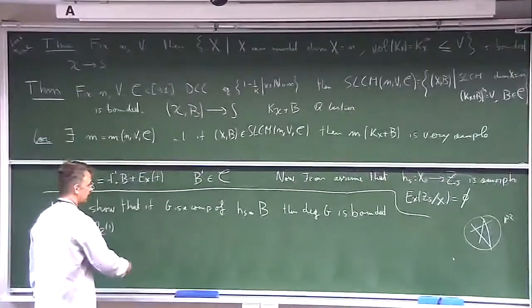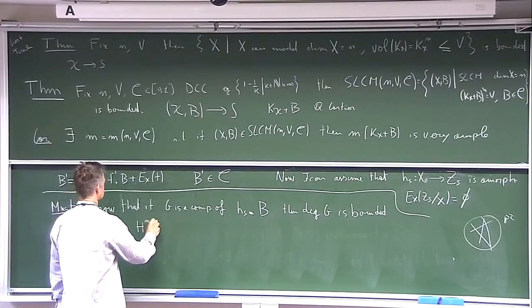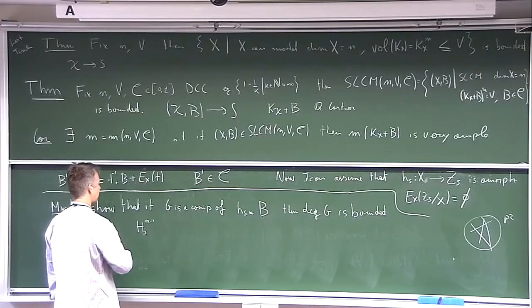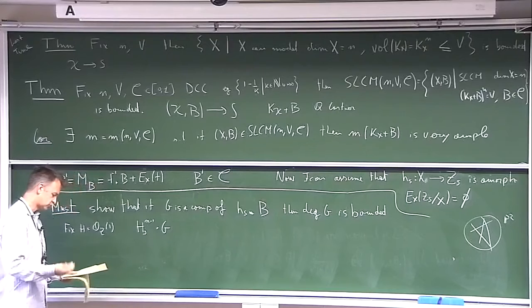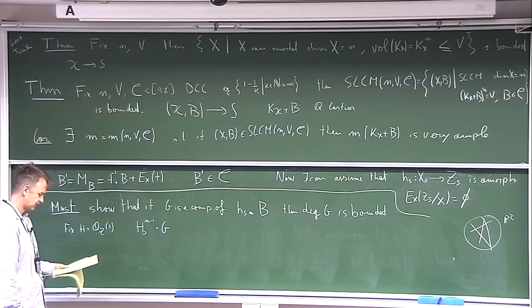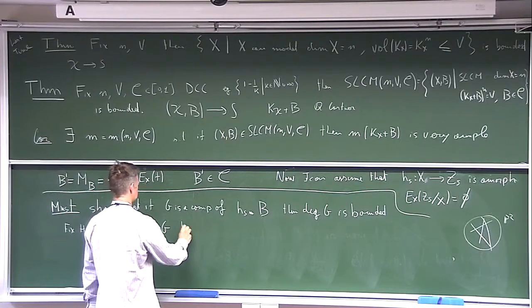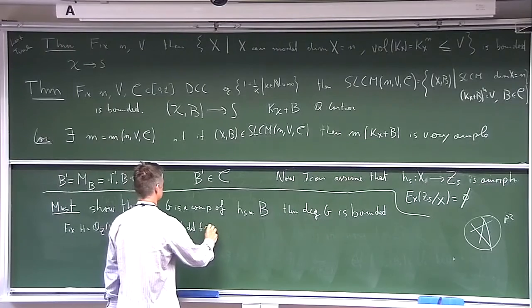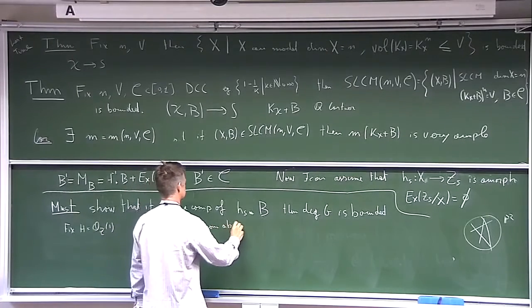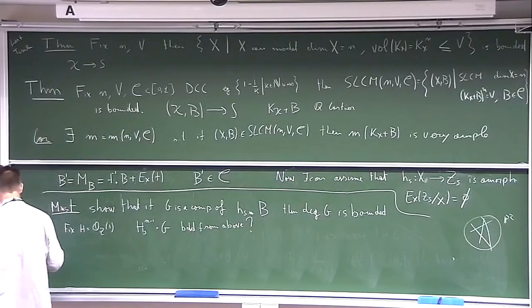So the degree of G is just going to be H^{n-1}. Well, I restrict it to the fiber S^{n-1} and intersect it with G. And my goal is to show that this is bounded from above. Okay. So why would that be?